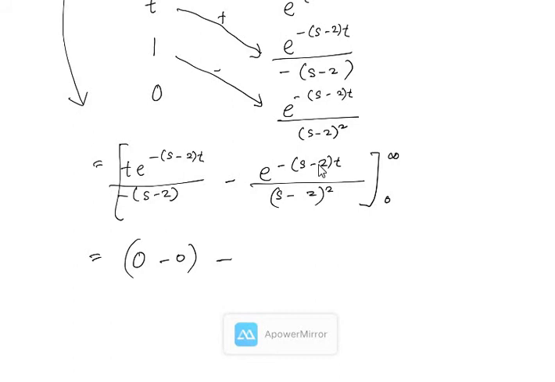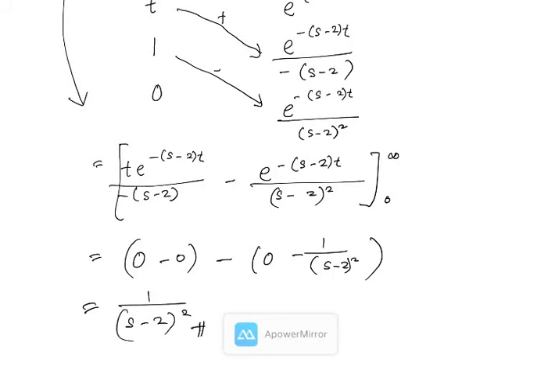Okay, then minus, when t is substituted with 0, I still get a 0. And for this one, also the same. When I substitute t with 0, I get 1 over (s-2) squared. So this is equivalent to 1 over (s-2) squared. Right?